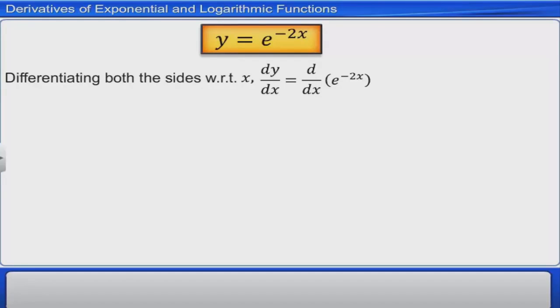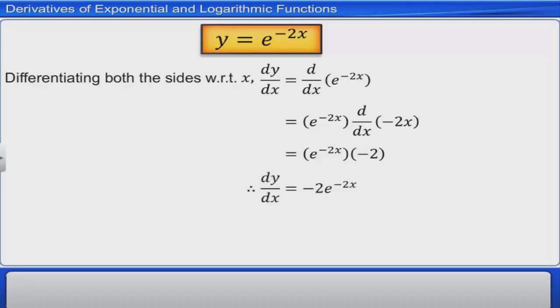By applying the chain rule, the right-hand side becomes e raised to the power minus 2x into d by dx of minus 2x. The derivative of minus 2x with respect to x is minus 2. Therefore, dy by dx is equal to minus 2 into e raised to the power minus 2x.